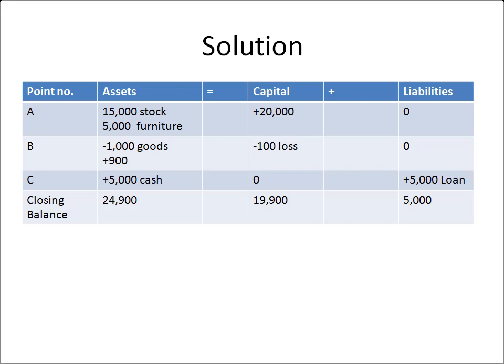And our equation is equal, that is asset is equal to capital plus liability, that is 24,900 is equal to 19,900 plus 5,000. Okay, and this is this much for this accounting equation topic.